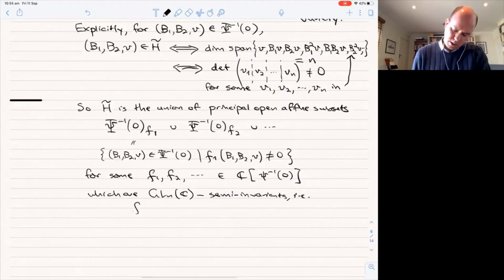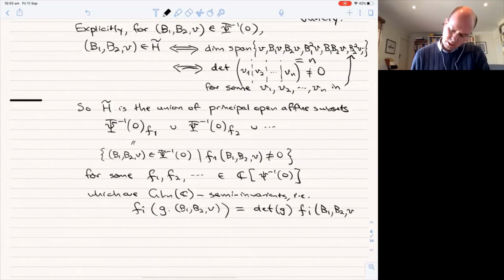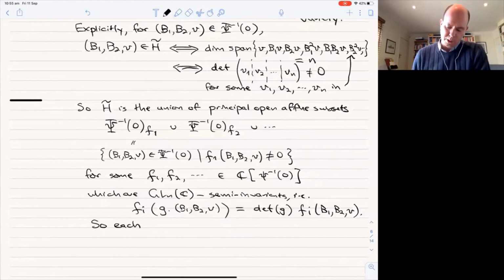So if you act on a triple, you'll get the value multiplied by the determinant of G. However, being a semi-invariant is enough for the corresponding principal open affine subset to be stable under GLNC.